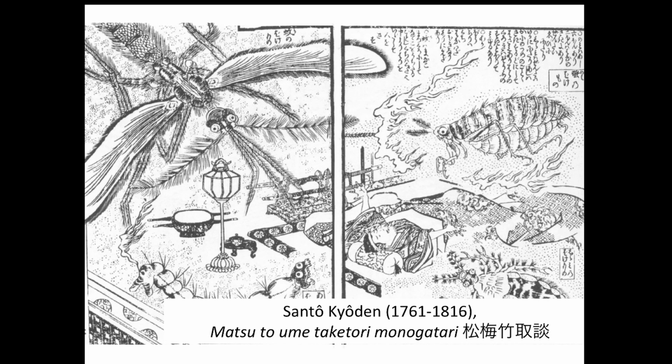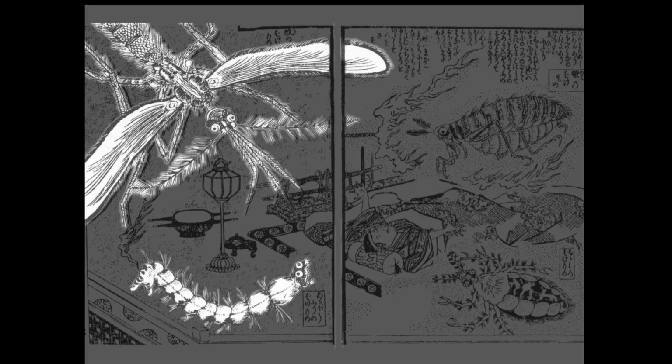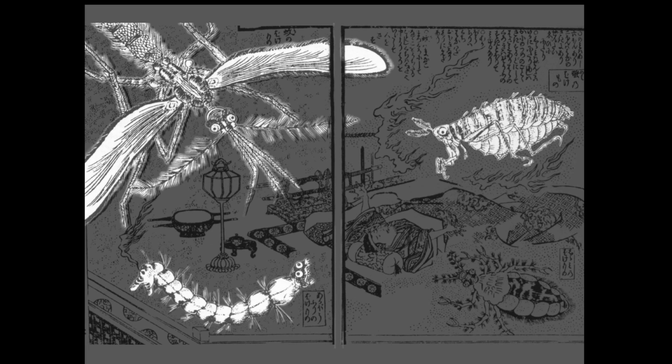I can't remember the exact date of this work, but it's really the turn of the 18th and 19th century, in this picture of a man having a nightmare. So you have Swammerdam's mosquito appearing in this nightmare of a 19th century Japanese fictional figure, along with all these other insects that also appear in Swammerdam's work.